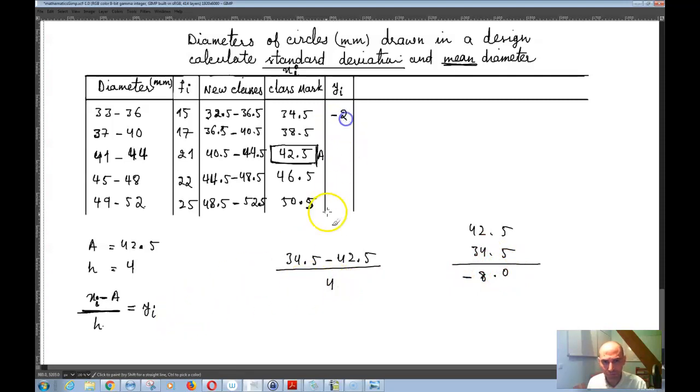Or 38.5 minus 42.5, which is negative 4, divided by 4 is equal to negative 1.